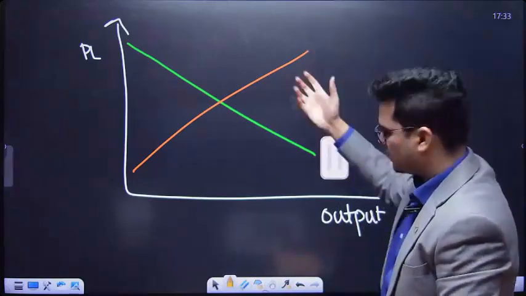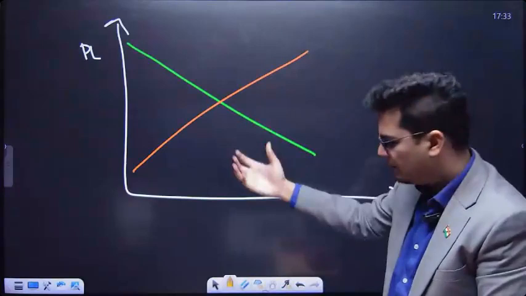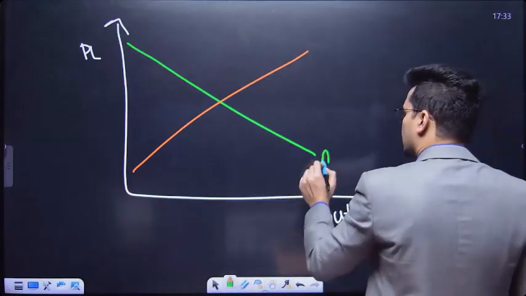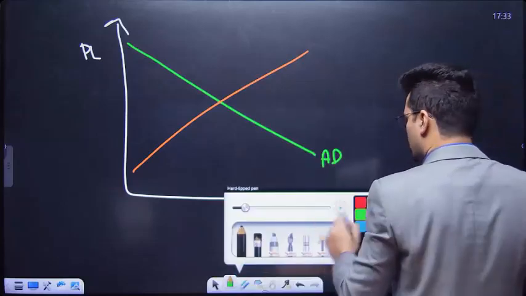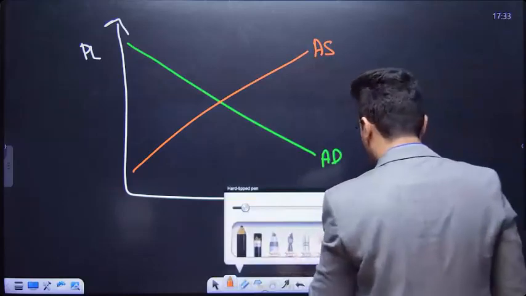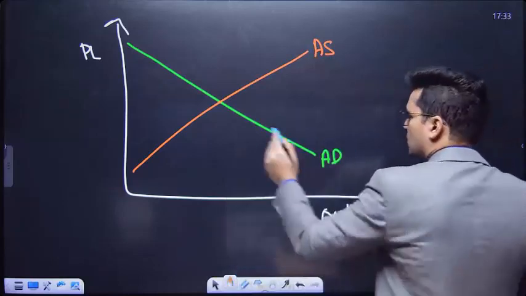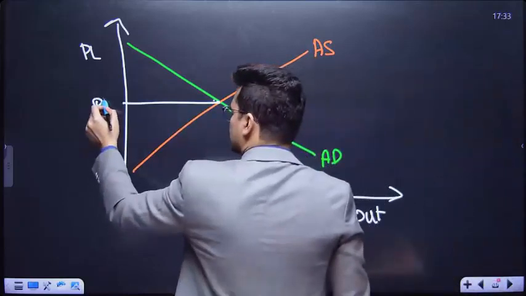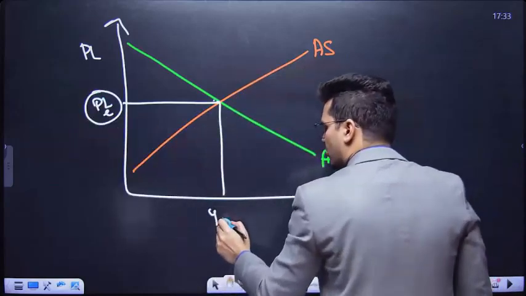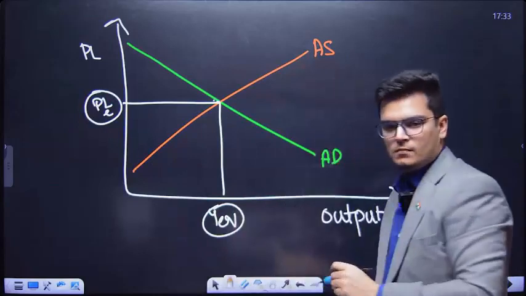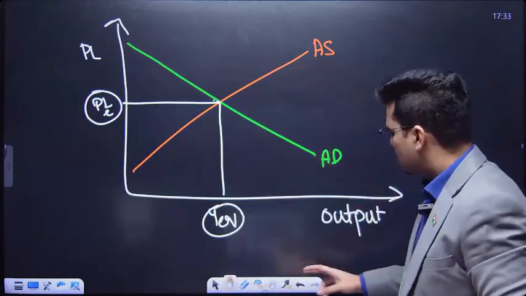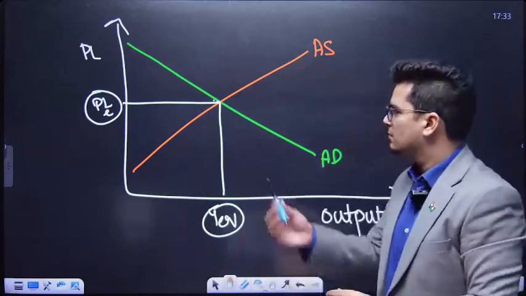इस इकोनॉमी को मैं अगर अभी देखूं तो I can say this is aggregate demand, this is aggregate supply. ठीक है? And I can say that this is the current price level. This is PL equilibrium. This is Y equilibrium. है ना? Let's say there is something here.